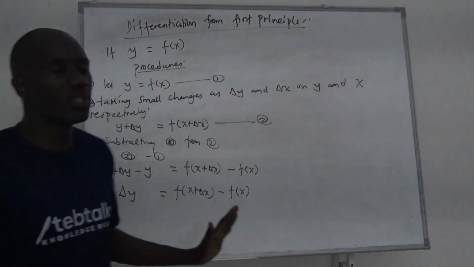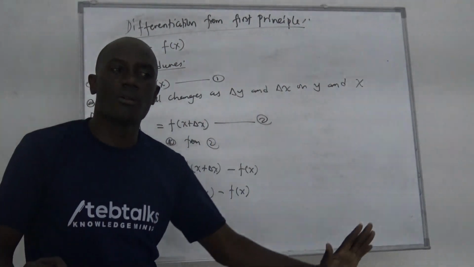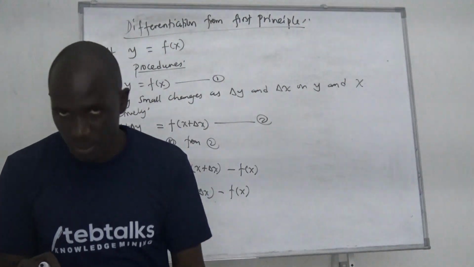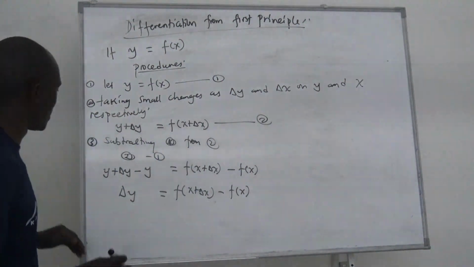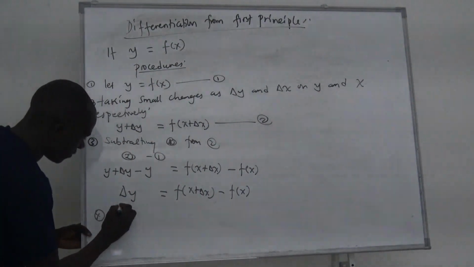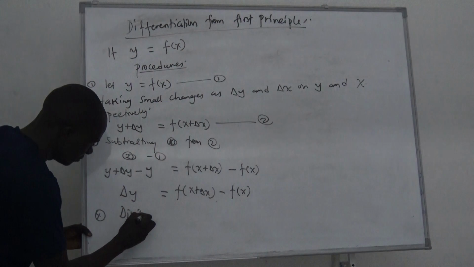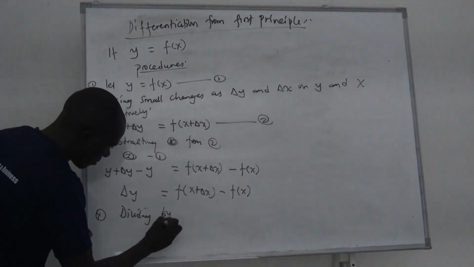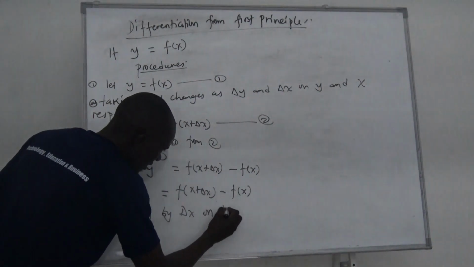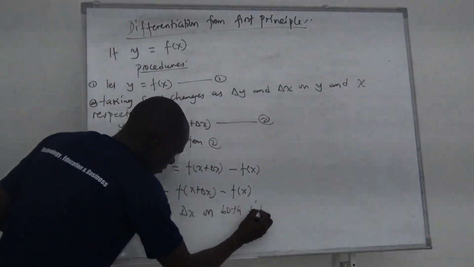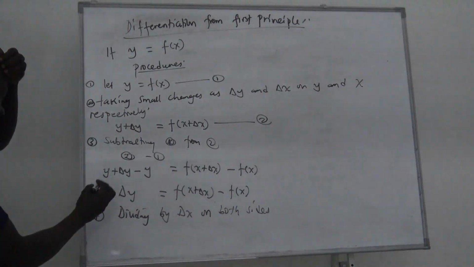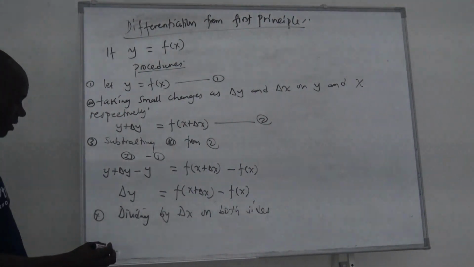So the step 3 is you take equation 2, with the small changes, and deduct the original one. So you come out with that. Then you go to equation 4. You say, dividing by delta x on both sides. So what are we going to remain with?